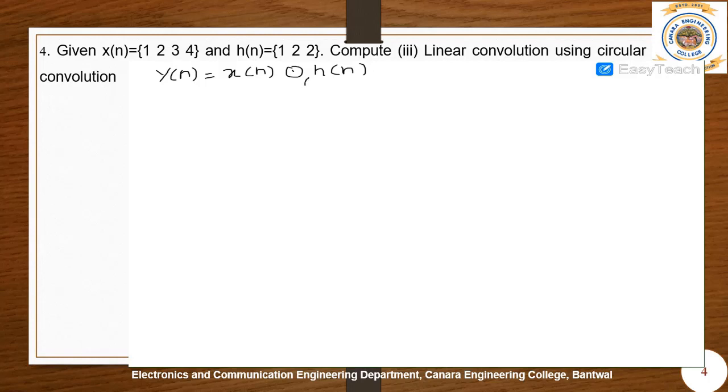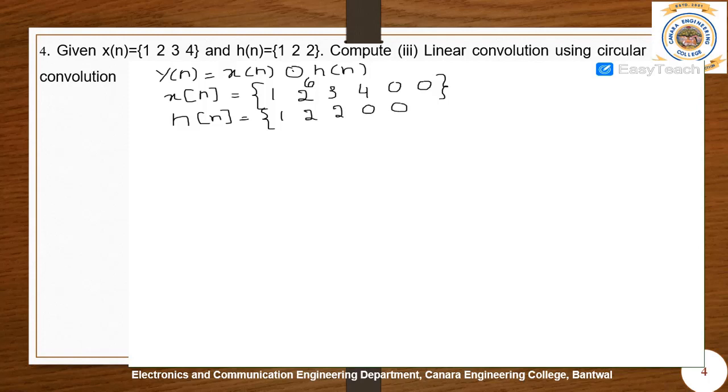So, this is a circular convolution of 6. Given x of n is equal to 1, 2, 3, 4. There are 4 values. So, I'll append it with 2 zeros to make it 6 values. Then we have h of n, and h of n is equal to 1, 2, 2. There are 3 values, so I need to append it with 3 zeros.